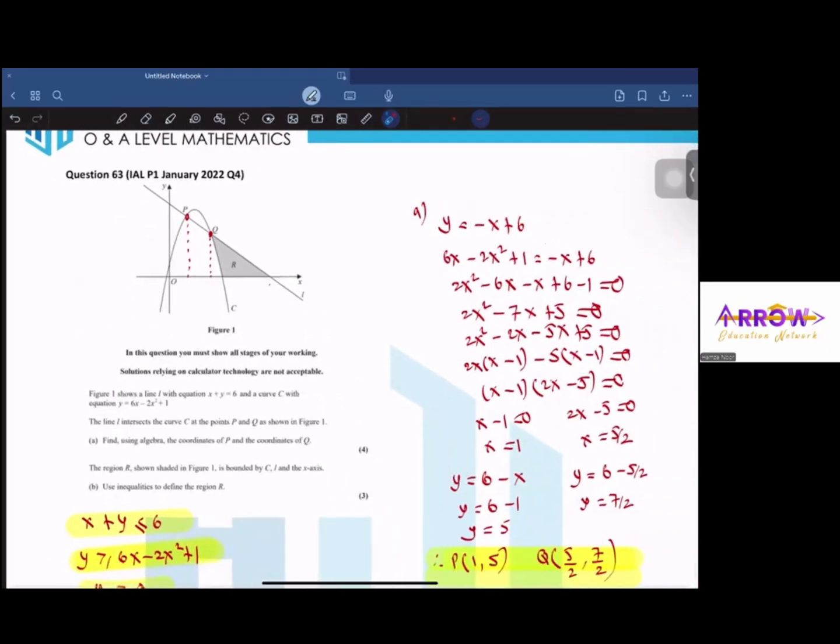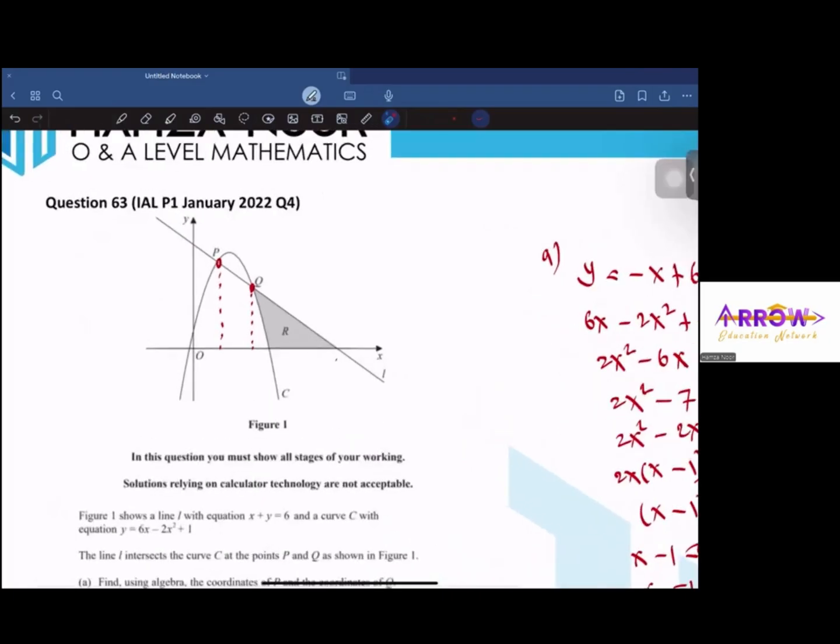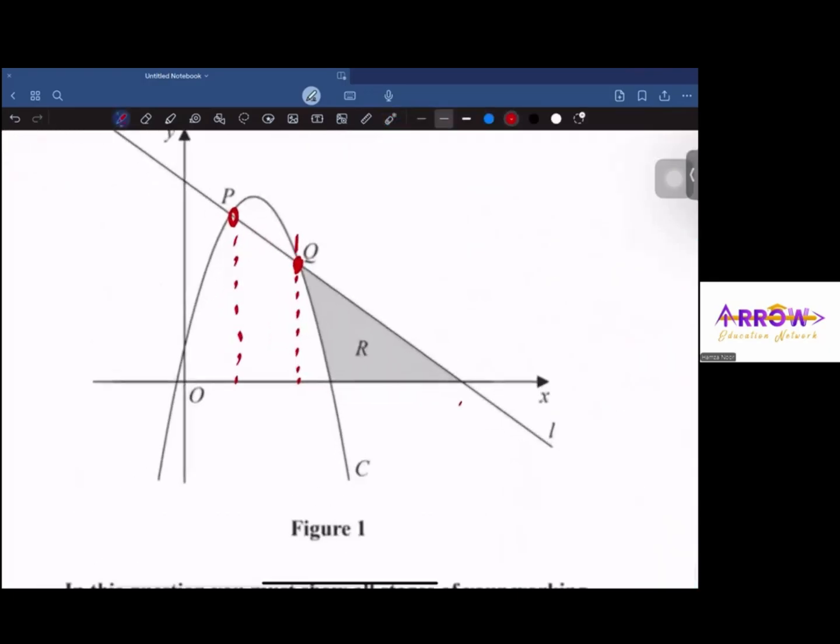As we need the region below the line, above the curve, and above the x-axis, we have a restriction from the x-coordinate of point Q. Agreed?